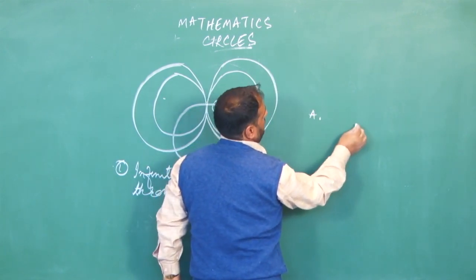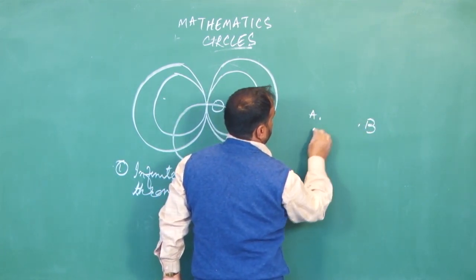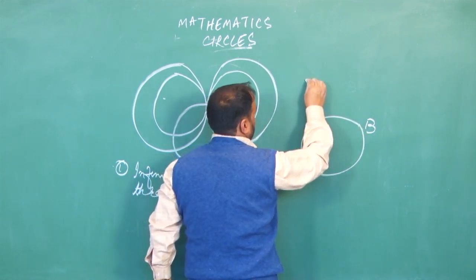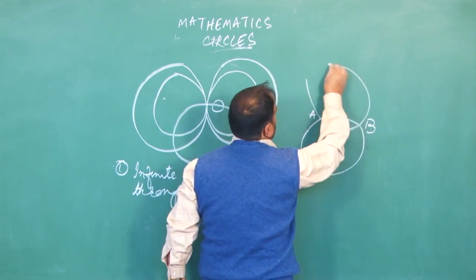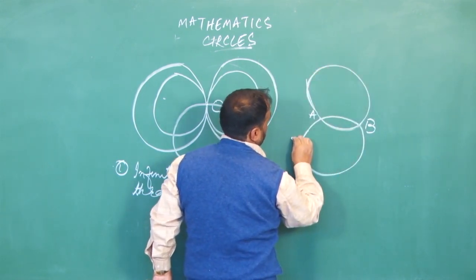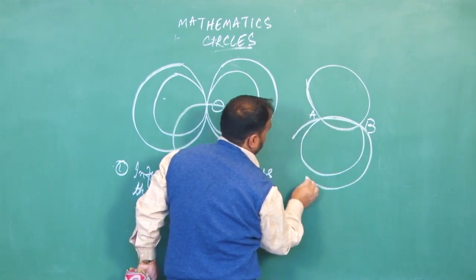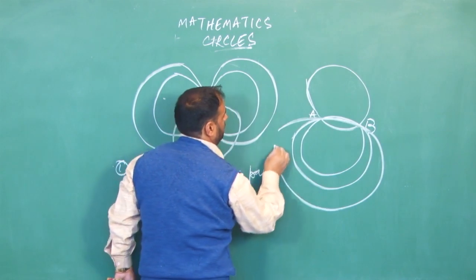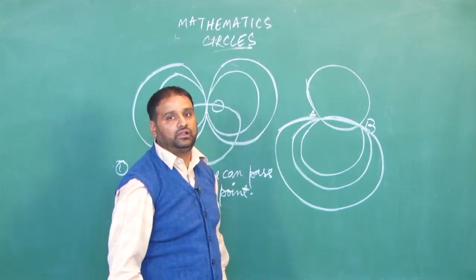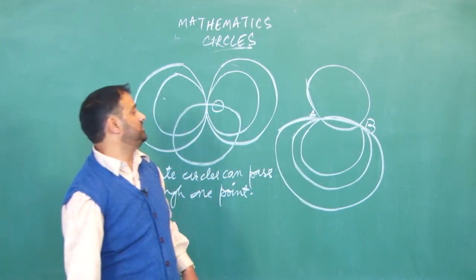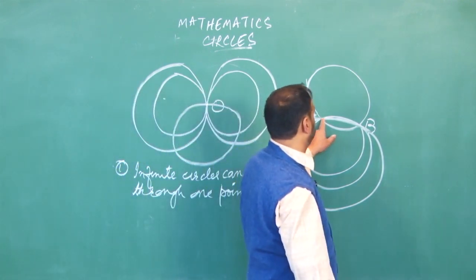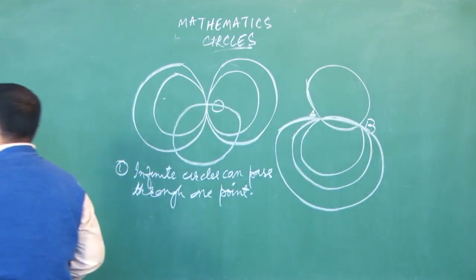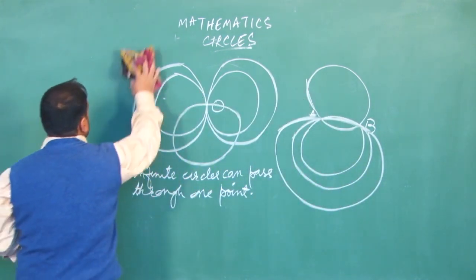This is point A and this is point B, and draw a circle like this, like this, like this, increasing the radii, and you can say you can draw an infinite number of circles passing through these 2 points. Now, let us draw 3 points, and all the 3 points should be non-collinear.